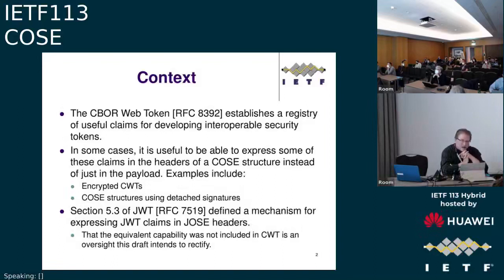That's worked out okay for JWTs. That feature is not present in CWTs. And furthermore, you couldn't just port the feature directly into CWTs because CWT claim names and COSE header parameter names are both small integers with an overlapping space. So you couldn't just mix and match. Next slide.